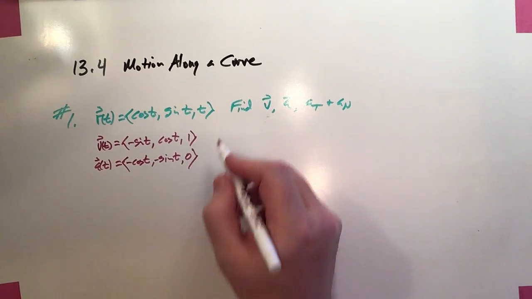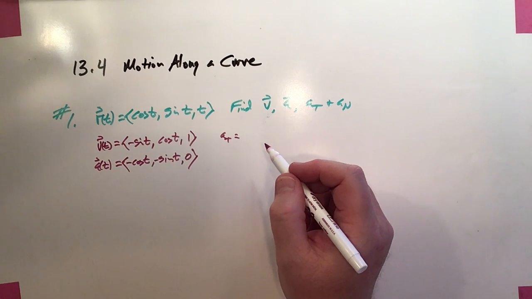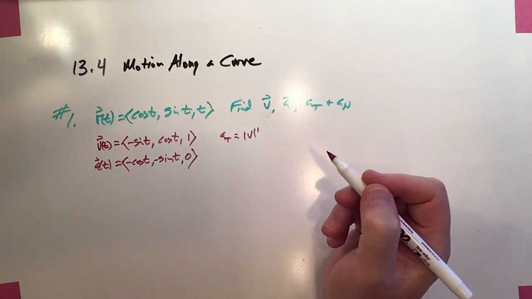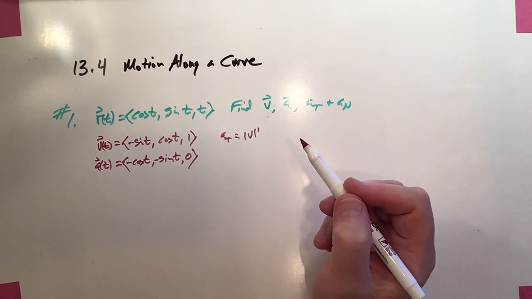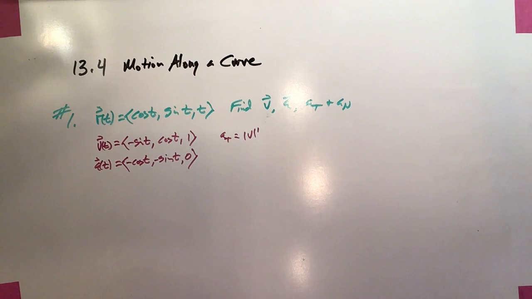In order to find a_T, that's just equal to the first derivative of the speed, so it'll be v prime. Now, in order to figure out what that first derivative of the speed is, we've got to find the speed. So let's consider the speed function.